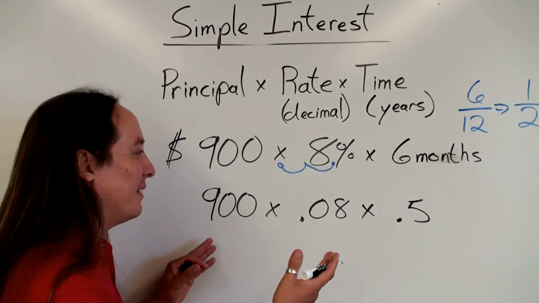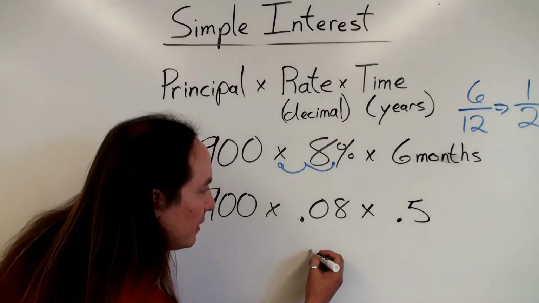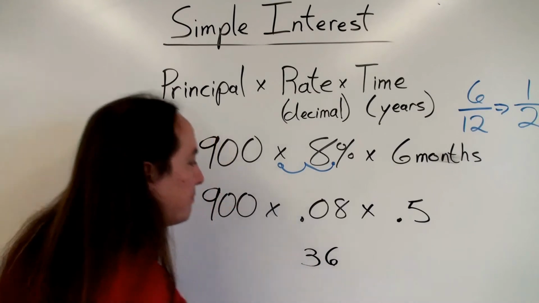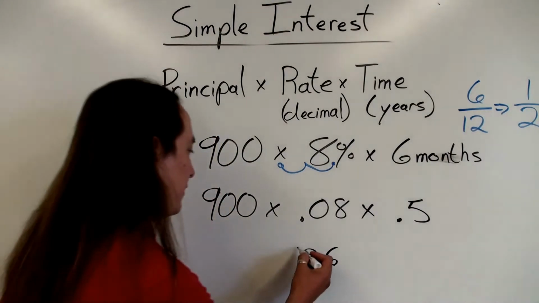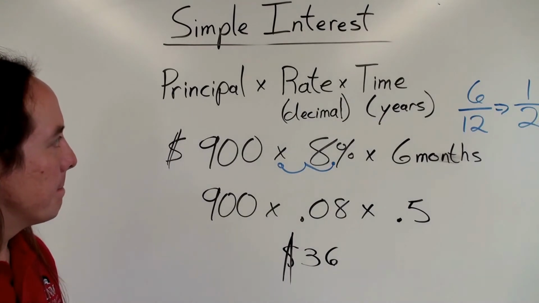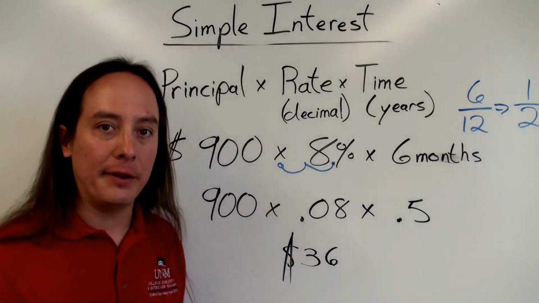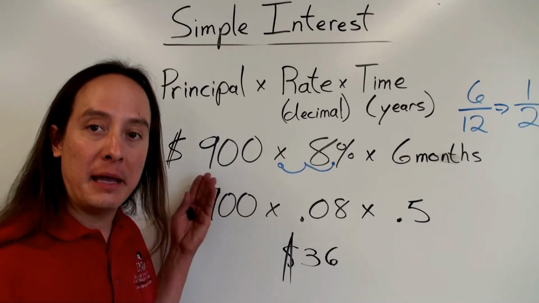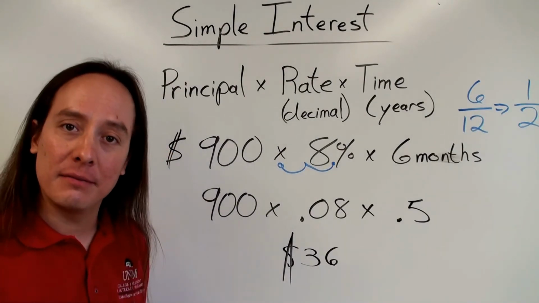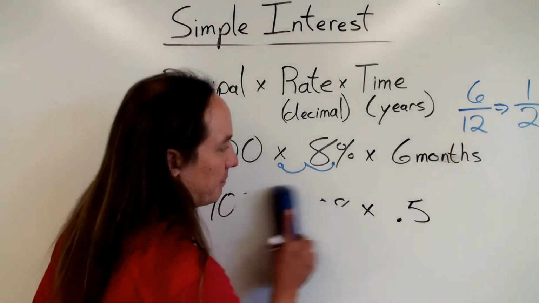Anyway, I already did it earlier, so when you do it, you should get, I believe, $36. So if it was a 6-month loan, 36 bucks in interest isn't too bad, really. In total you would have to pay back 936 bucks. Make sense? Okay.